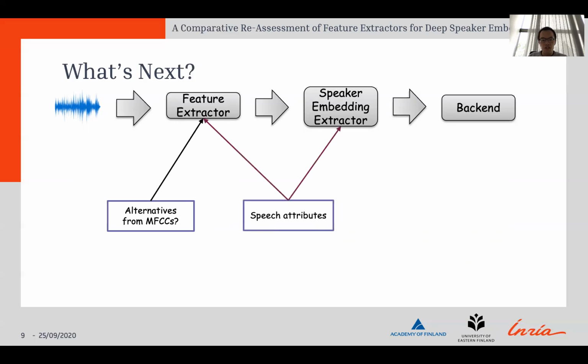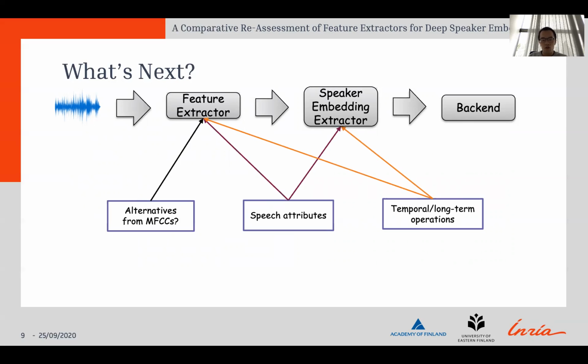Second, along the implementation and analysis, we found multiple useful speech attributes relevant to features, such as phase information and spectral centroids. Again, they might be interesting and useful for features and also for model-based encoding and adaptation, for example.